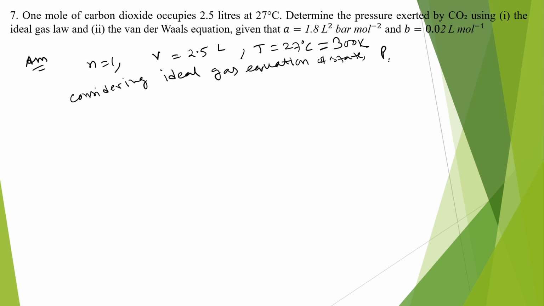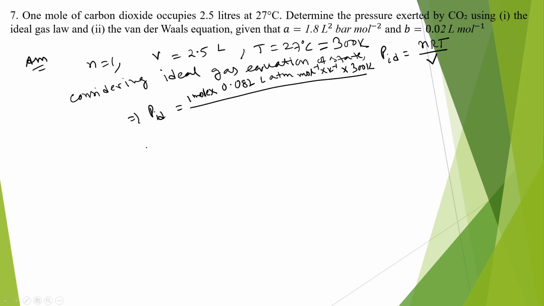P ideal is nRT by V. So you get P ideal: n is 1, and since we will be using liter for V, we need to use the value of R in liter atmosphere, so this is 0.082 liter atmosphere mole to the minus 1 K to the minus 1, and then T is 300 K and this is 1 mole by V is 2.5 liter.